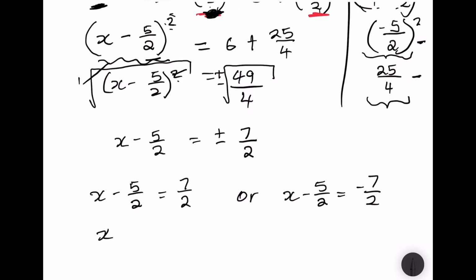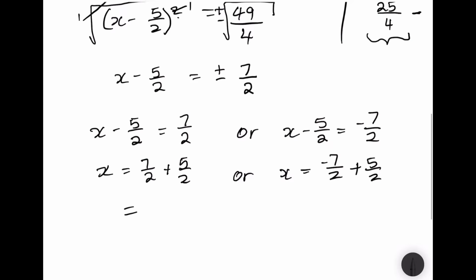So let's take that. So that's going to be 7 over 2 plus 5 over 2, or x is equal to negative 7 over 2 plus 5 over 2. Now let's take that. So 7 plus 5, remember, that gives us 12.